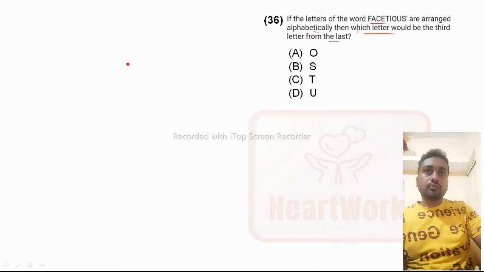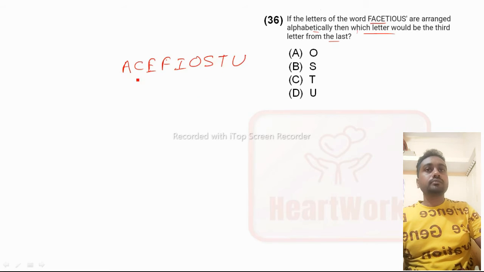In alphabetic order, first will come A, then C, then E, F, I, O, S, T, U. If you arrange alphabetically, this is the word that will come.